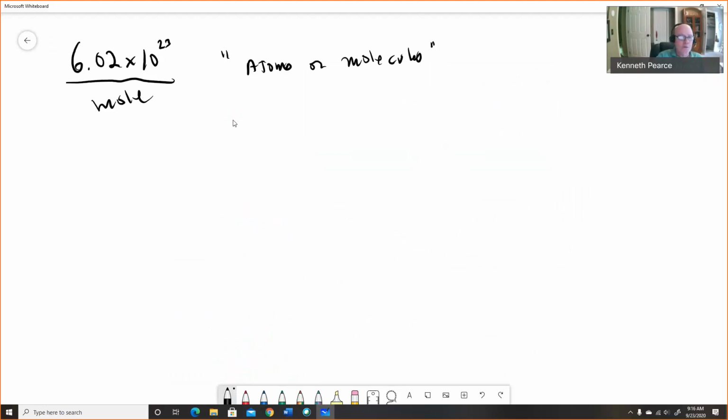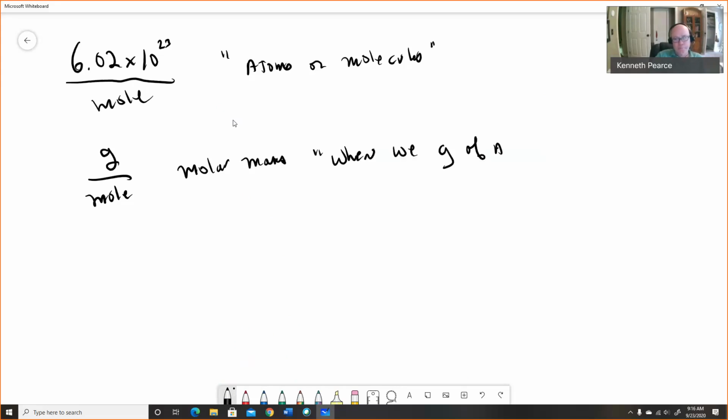And we have a new one, which is grams per mole, which is the molar mass. And we're going to use this when we see grams of anything. Okay, what that means is that anytime you see atoms or molecules in a problem, you're going to need 6.02 times 10 to the 23rd per mole.